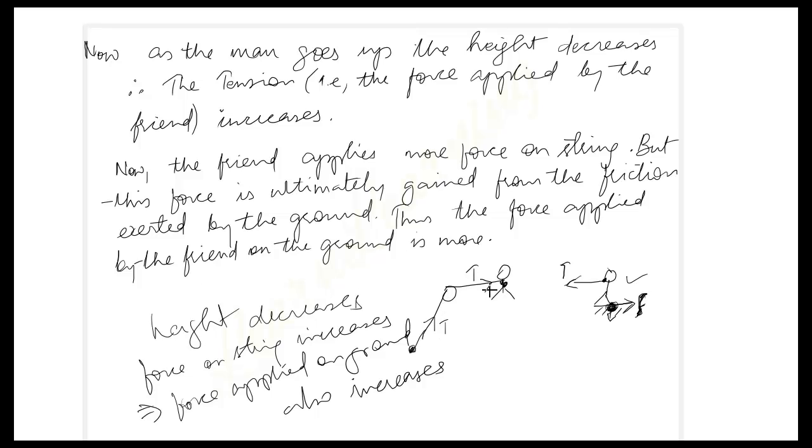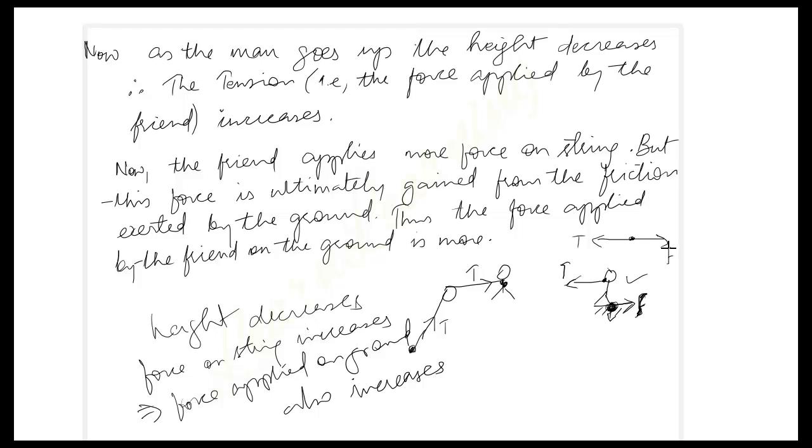Now what we have seen here is that whatever force the person is applying on the tension, he is getting that force from the ground actually. So as much force as he applies on the tension, he has to apply some force on the ground also. So the force is actually the friction force here. You can see it another way: when we consider this man as an object, a force T is here and a friction force is here.